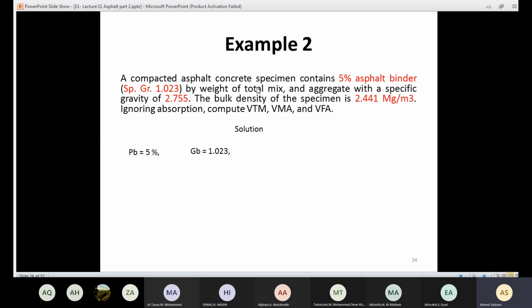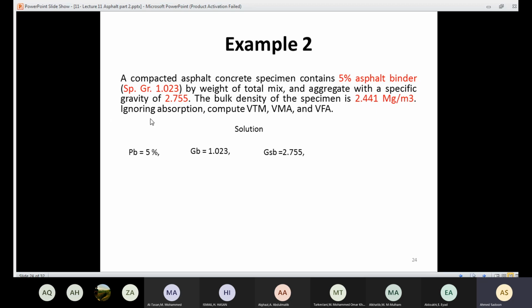We have aggregate with a specific gravity of 2.755. So the specific gravity of the aggregate is given also, which is G sub SB. And here he gave us the bulk density of the specimen. This time he didn't give us the specific gravity of the bulk. He gave us the density of the specimen, which is 2.44 Mg per cubic meter.